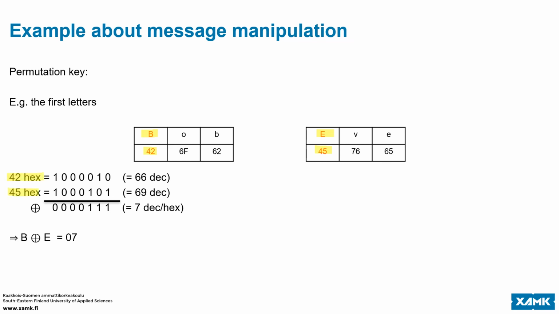If we do the corresponding XOR with these, we find that the result of B XORed with E is 7. This is the same number in both decimal and hexadecimal. And then we would simply do the same with o and v, and b and e, XOR them together. And thus we would have our complete sub-permutation key.